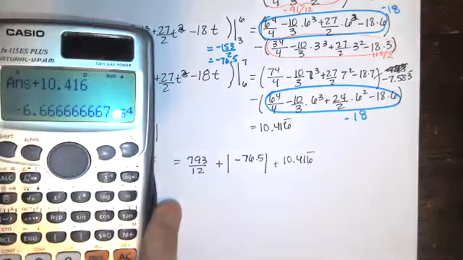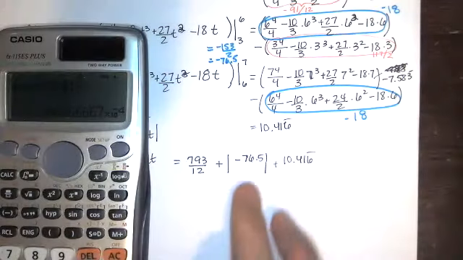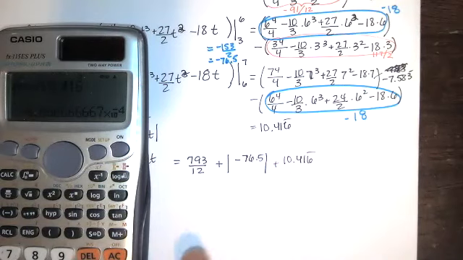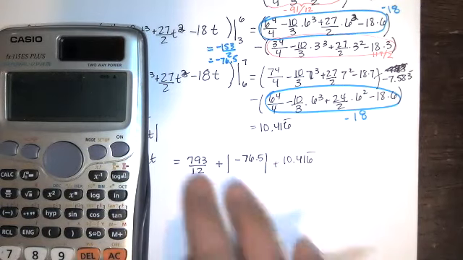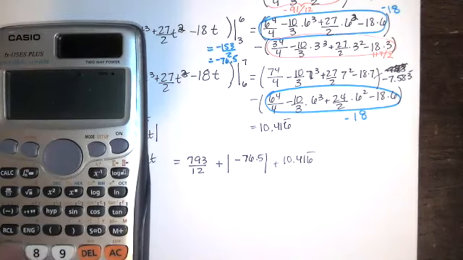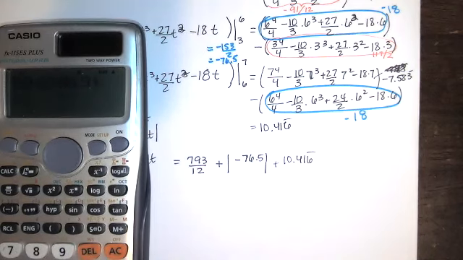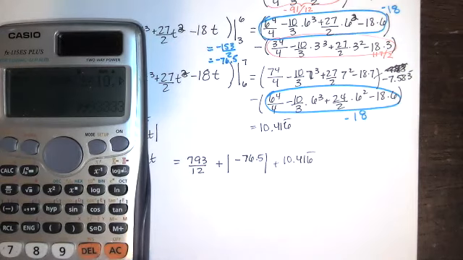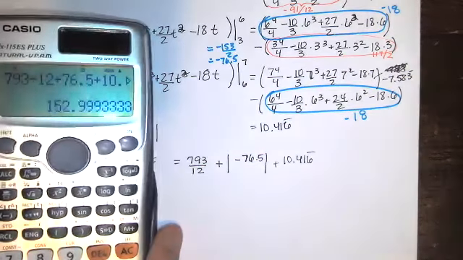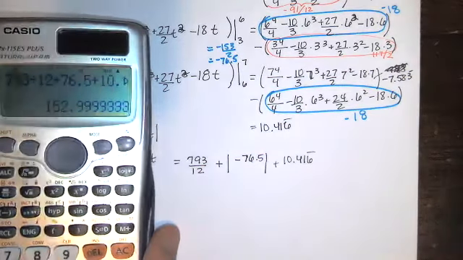Ooh, I'm not getting exactly the same answer, but I think it's because I had to approximate something here. Okay, now I add all of these together, 793 over 12, plus 76.5, plus 10.416. And we get that. That's the total distance traveled.